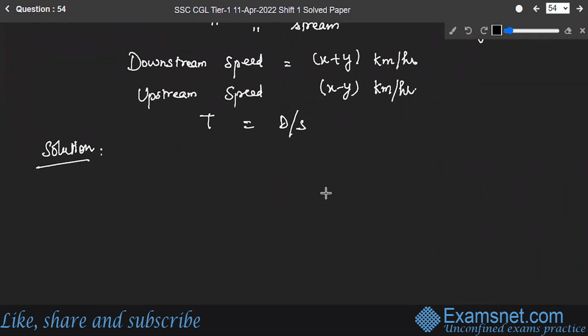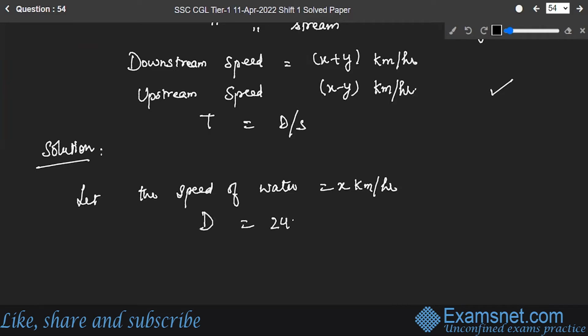So first of all, this is just the concept that I'm using. Now the actual solution is starting from here. Let the speed of water be equal to x kilometers per hour. What is the distance? It is 24 kilometers, right? So the speed upstream.